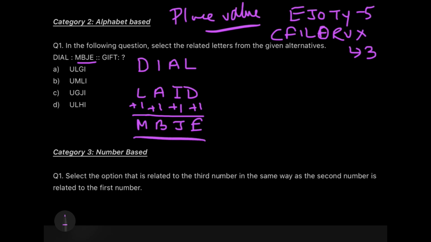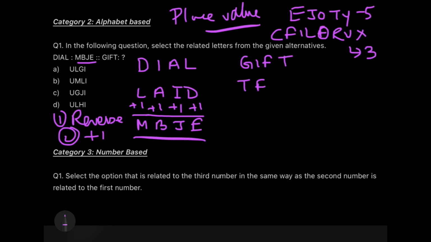Hey, there you go. So what was the logic here? The logic is, number 1, reverse, and number 2, add 1 to the present alphabet. Similarly, if we do the same thing with GIFT, first I'll reverse it. So I'll write TFIG, and then I'll do +1 all over.